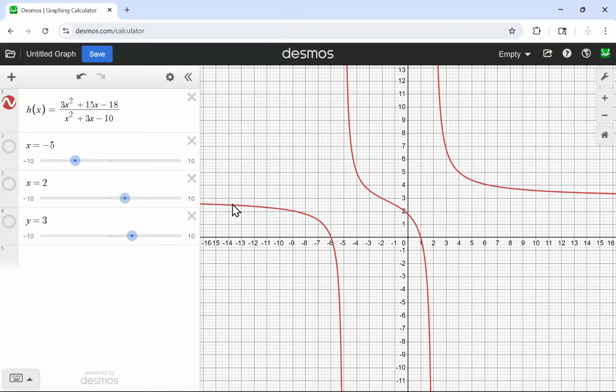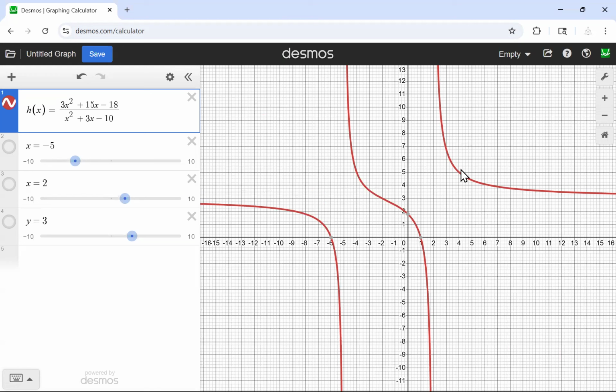So if you graph this rational function, you see a number of things happening. We have actually three kind of pieces that are broken up. We have this right-hand side piece, and then this middle piece, and then this left-hand side piece.